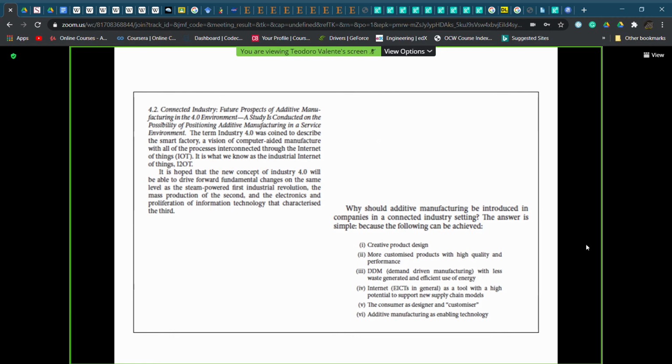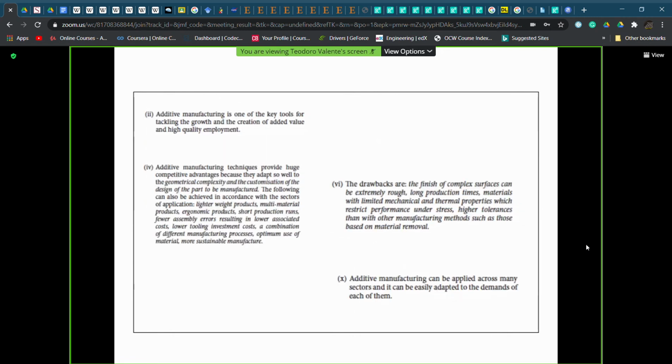There are still some things which must be solved, so the application is not yet very wide, as I told you. For example, surface finishing, which depends on the technology used, can sometimes be a problem, depending on the materials and on the subclass of technology that I mentioned. We can have extremely rough surfaces, which is not a good thing for many structural applications.